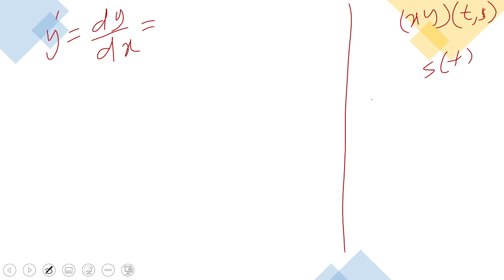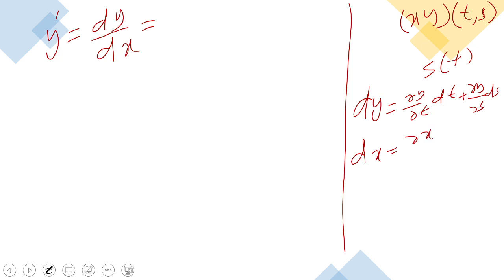I'm doing it separately. dy is partial y by partial t dt plus partial y by partial s ds. Similarly, dx is partial x partial t dt plus partial x partial s ds.